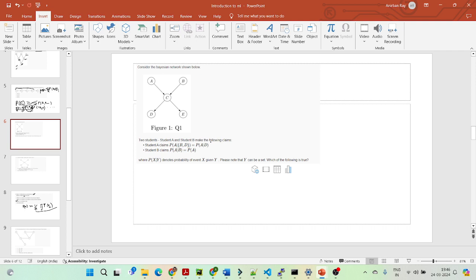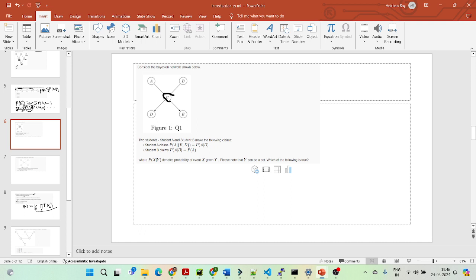So it means that A is independent of B, given D. But this only occurs, okay, A and B are independent only when C is not known. Now C is known.